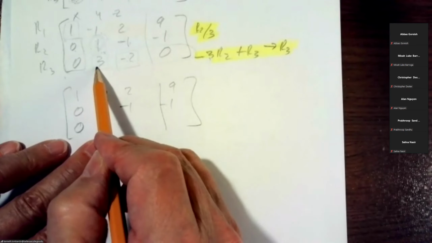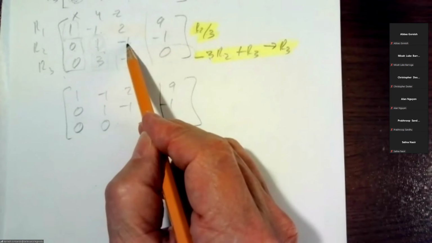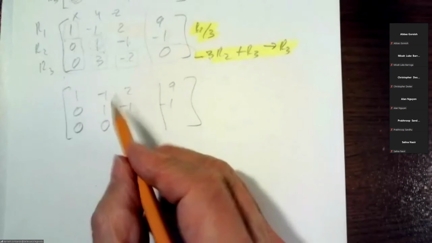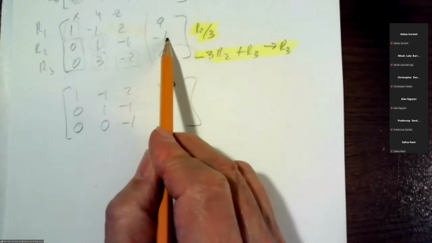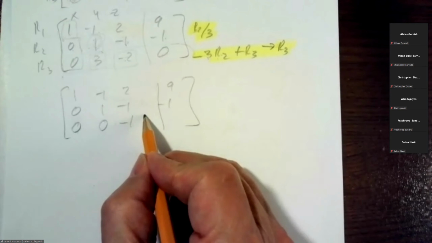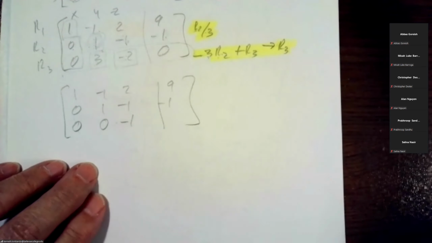And add it to that 3, that gives me a 0 here, doesn't it? Negative 3 here, that gives me a what? Positive 3, negative 2, that gives me a negative 1 here. And negative 3 times this plus this, looks like that gives me a 3.